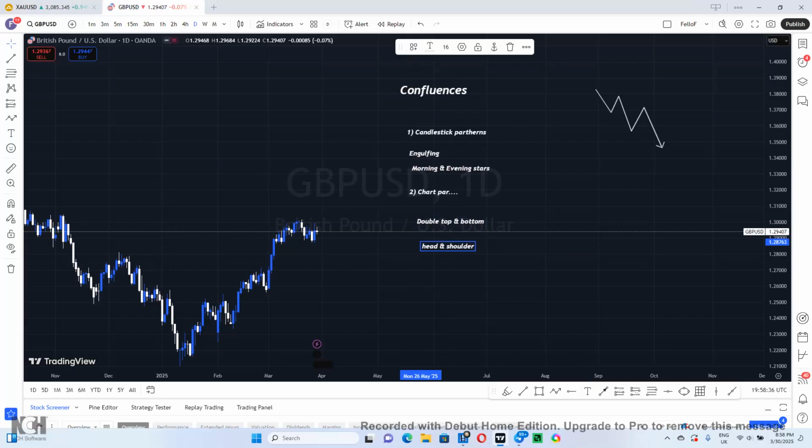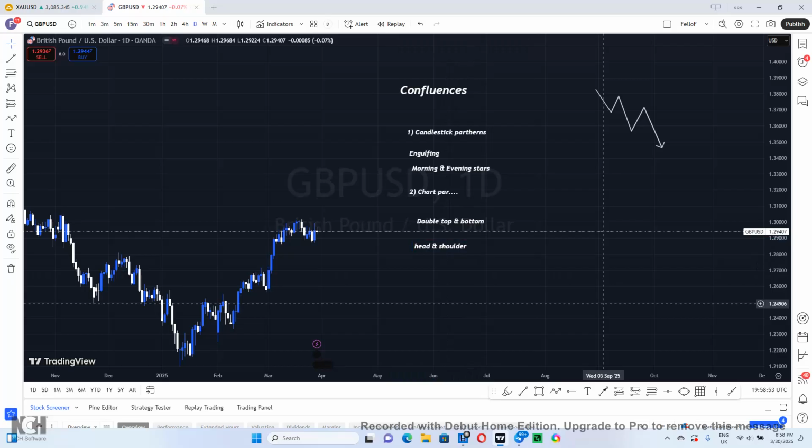This is my second favorite chart pattern. So these are the chart patterns I use. This is my second confluence.